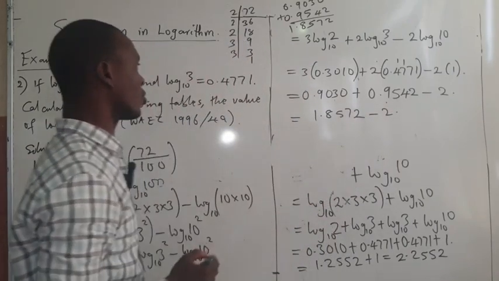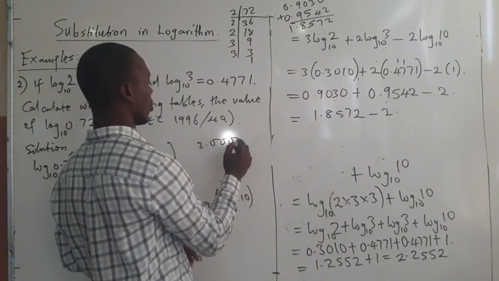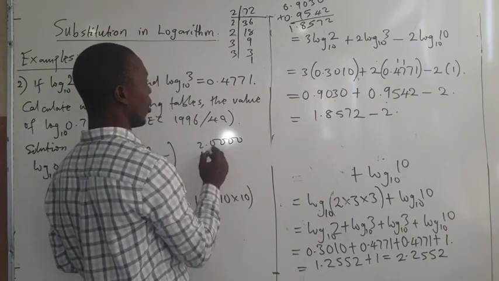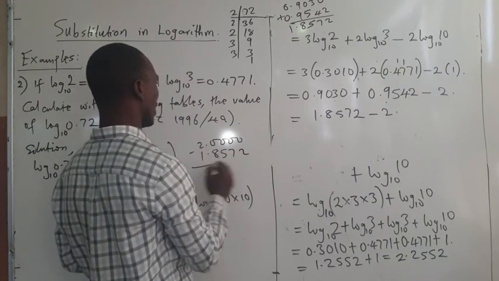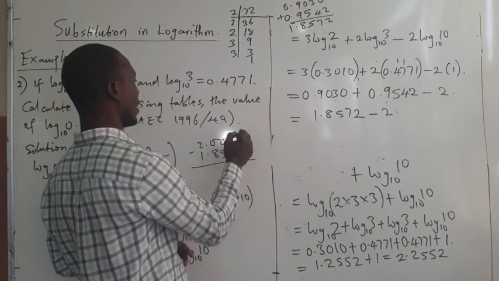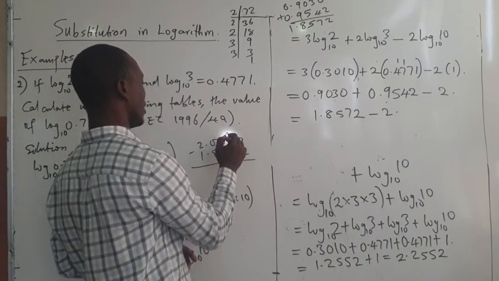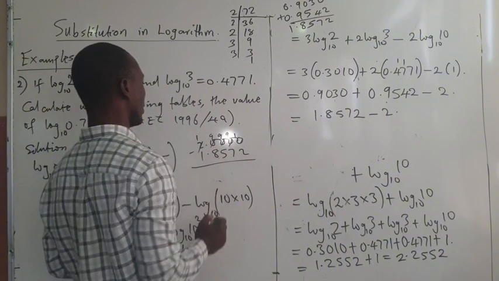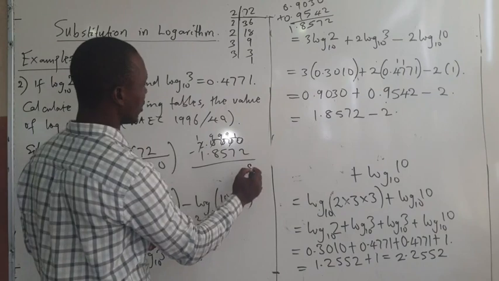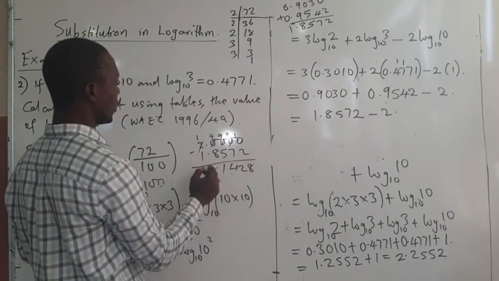So this minus 2, we are going to have 2.0000 minus 1.8572, which gives 0.1428.